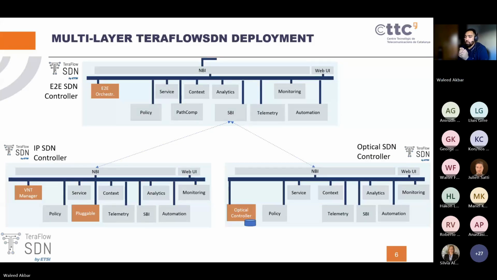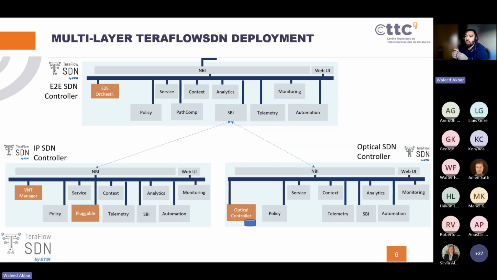This is the internal structure of our Teraflow SDN instances, how we are doing it. On the top, we have one instance of the Teraflow, and the SBI of the Teraflow is being used to control both the IP SDN controller and the packet optical SDN controller, and you can request or push the configuration through their NBIs towards the respective networks.